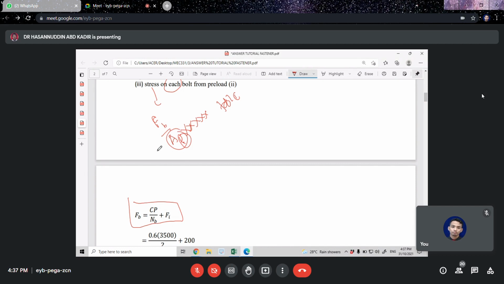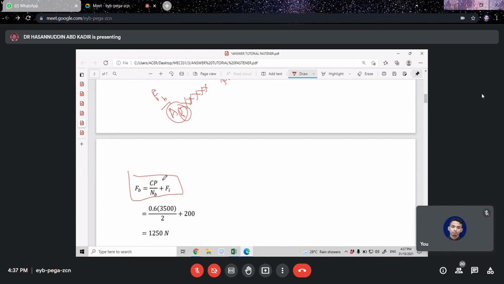We will look. So for this formula, please remember, if they mention some factor of safety, you can put it. But if they don't, just put one here. So the C you already know, P you already know. P is basically from the diagram, from the picture there.